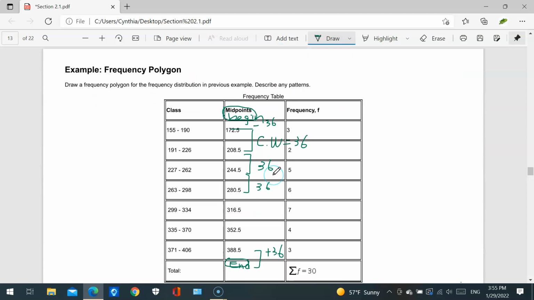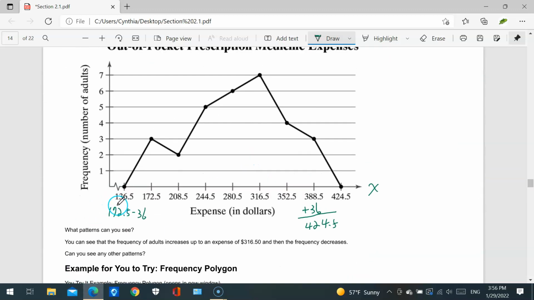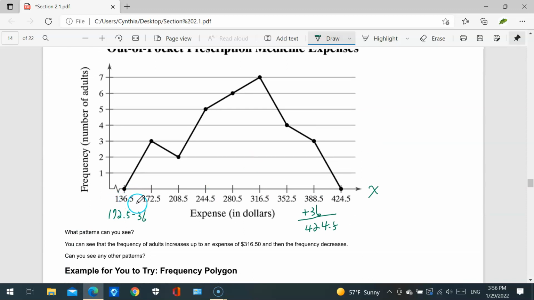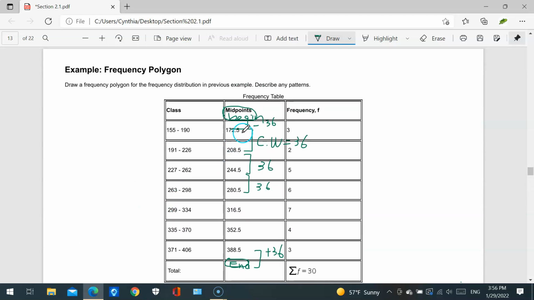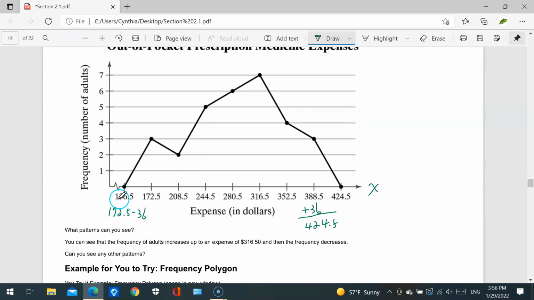On the begin point, look at the graph here. The begin point is 136.5, because when we take 172.5 and subtract 36, we get 136.5. So this point is the begin point. The last class midpoint is 388.5.